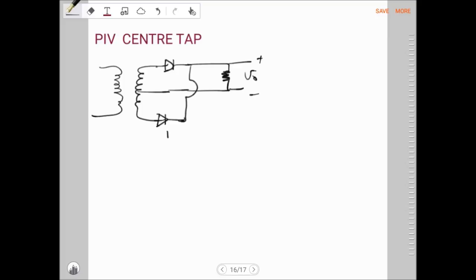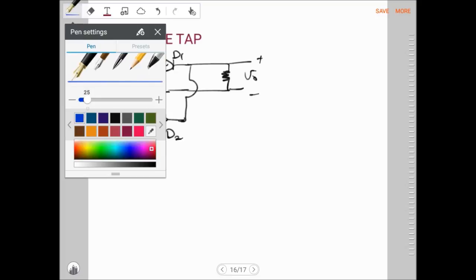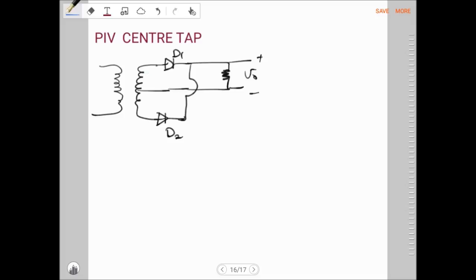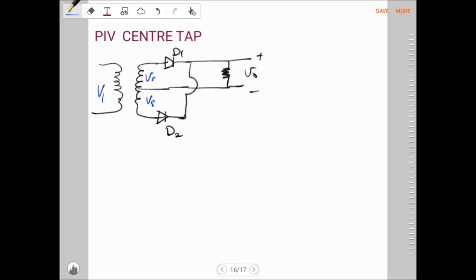So you have two diodes, D2 and D1, and as you know, the Centre Tap transformer is a special transformer, so it's as if you have two polarities over here, two VS. This is your primary. Again, we are looking at the peak inverse voltage, which means the negative cycle.